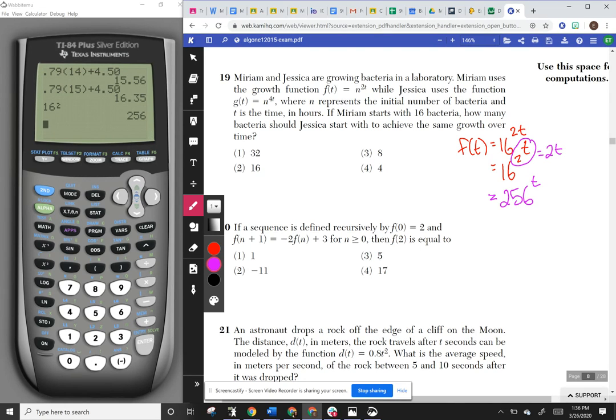Right? But Jessica's is n to the 4t. So we want to know, how can we rewrite Jessica's so that we have n to the 4 to the t, and that n to the 4 equals 256 because we want the same growth. So basically, what to the 4th power is 256? So to do that, we're going to find the 4th root.